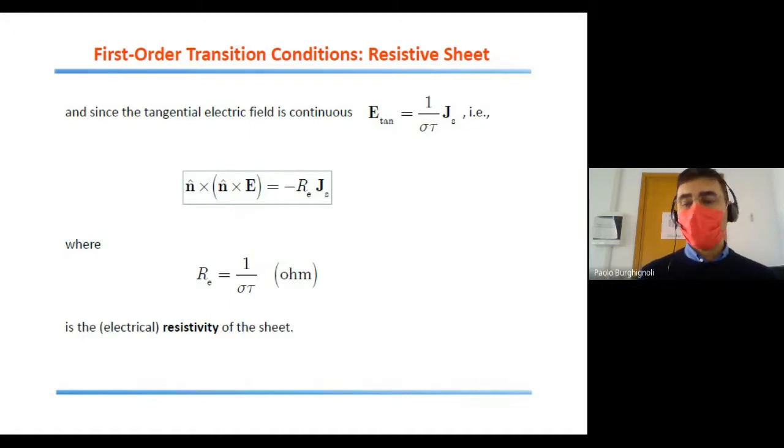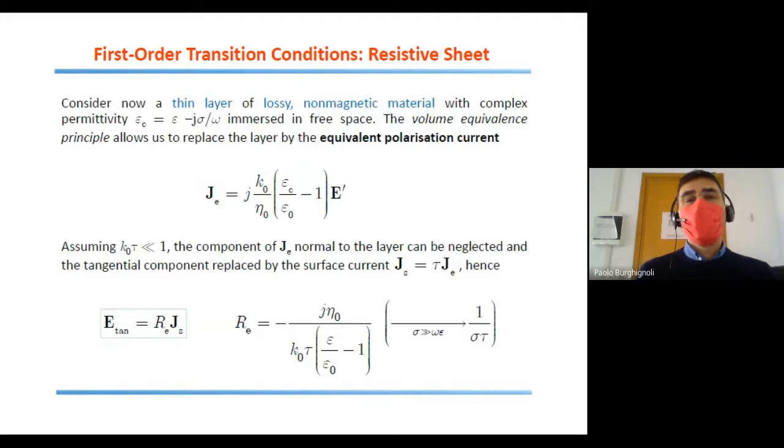More generally, one could consider a thin layer of some lossy, again, non-magnetic material characterized by some complex permittivity epsilon sub c, which is epsilon minus j sigma divided by omega, again immersed in free space.